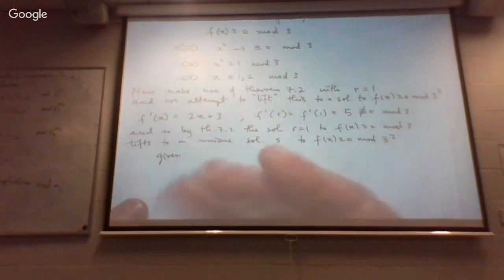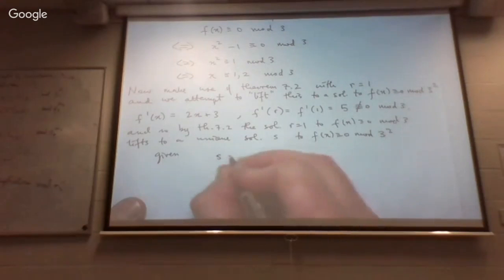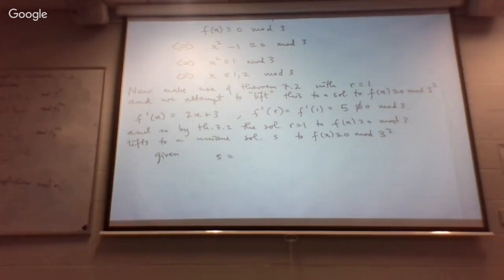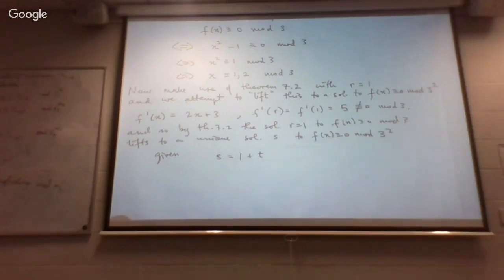And not only does it tell us that it lifts, it tells us exactly what the solution has to be. Its S is, so you see the formula there, r plus t times p to the a minus 1. So our r is 1, t we don't know yet, and p to the power a minus 1 is 3. So it's 1 plus t times 3. And what's this t? This t is the unique solution to this other congruence, which is there in equation 7.11.